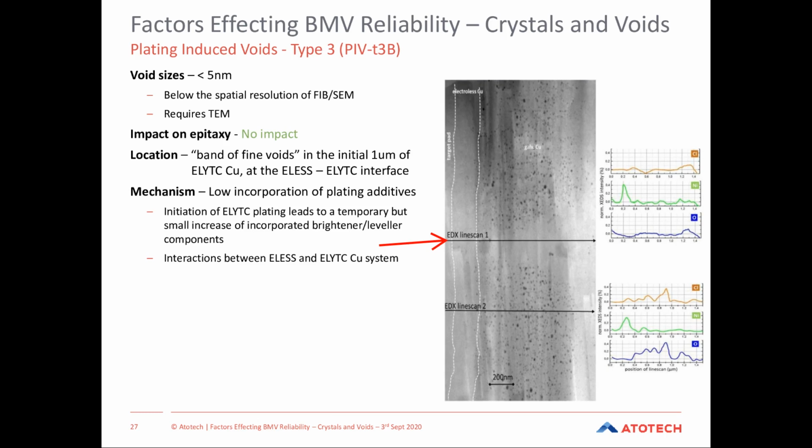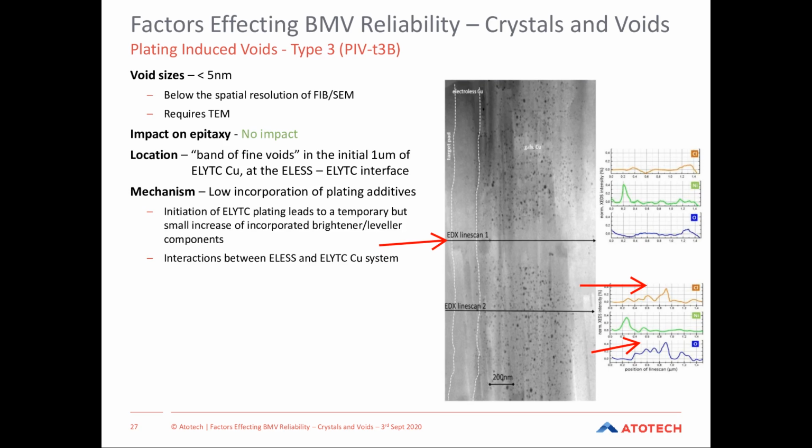If we now look at line scan 2 underneath it, where there's quite clearly a band of voids, in this case, you can also quite clearly see higher levels of chlorides and higher levels of oxides. So in the initial phase of plating, we're getting an increase in co-deposition, and that is going to be sufficient potentially to pin grain boundary diffusion, but it's also potentially sufficient to lead to void generation as well.